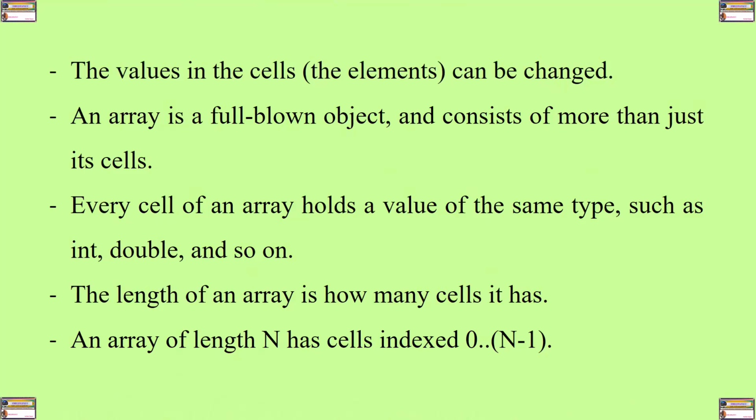So 0 is always the position for the first value. If you have 7 values in an array, spanning from the first value to the 7th value, then the index for the first value is 0, and the index for the last value is 7 minus 1, which is 6.